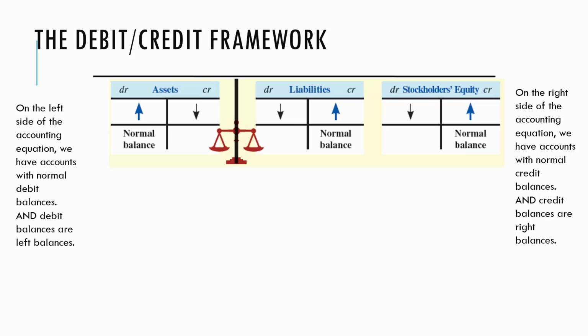So if we fill this in a bit, we could see that the normal balance for an asset account is on the left side, a debit. And liabilities and stockholders' equity have credit balances. And this symbol in the middle is to symbolize that we must continue to be in balance as we work our way through this.